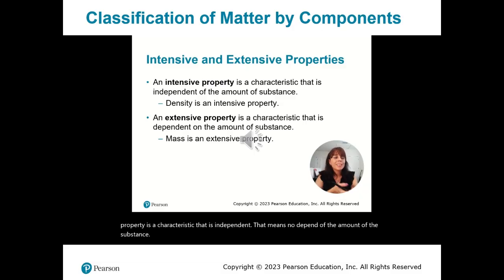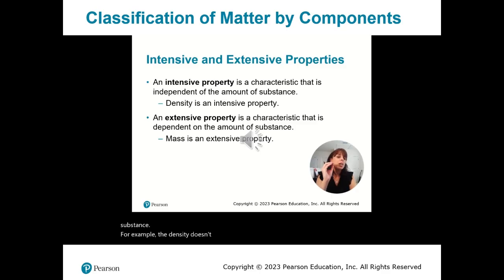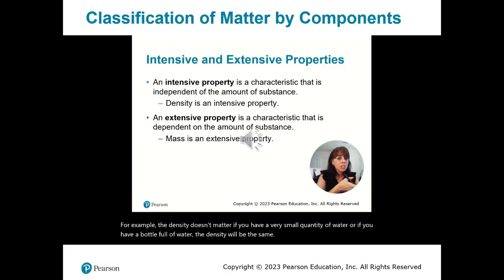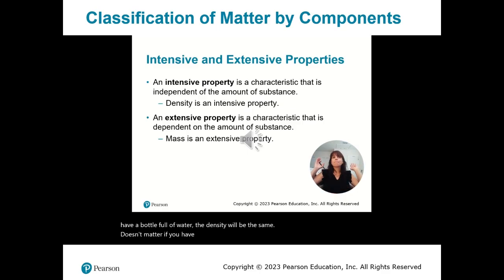For example, the density doesn't matter if you have a very small quantity of water or a bottle full of water. The density will be the same. Doesn't matter if you have a liter or a cup of 100 milliliters. The quantity will not affect my density.